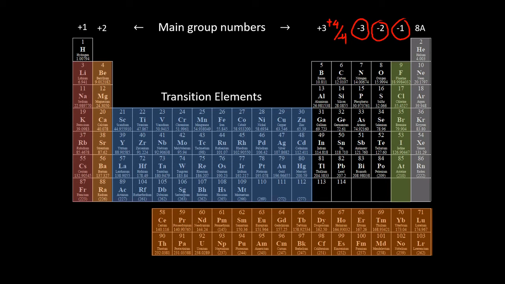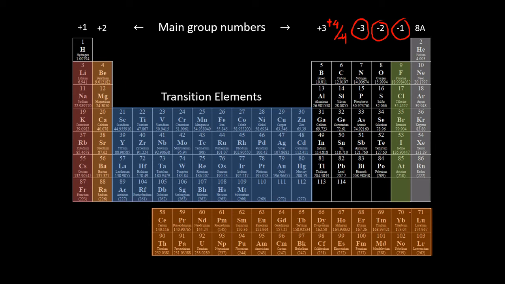So aluminum, for example, yes, it could gain 5 electrons to be the same as argon, but it's much easier for it to lose 3 and be the same as neon. It's much, much easier to lose 3 than it is to gain 5. So once you get to this point, and this is true for these 2 columns over here as well, it's easier to lose the electrons than to gain them.